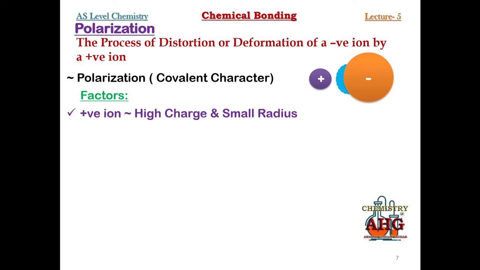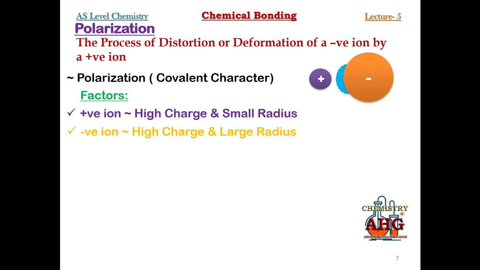And if you have been given two or three negative ions, comparatively you will look at which negative ion is highly charged and having largest radius. Whenever a negative ion is highly charged having largest radius, it has greater polarizability. It can undergo polarization to a greater extent.